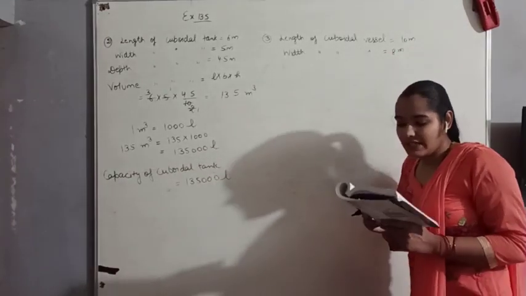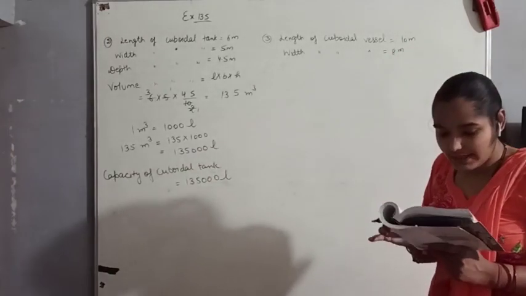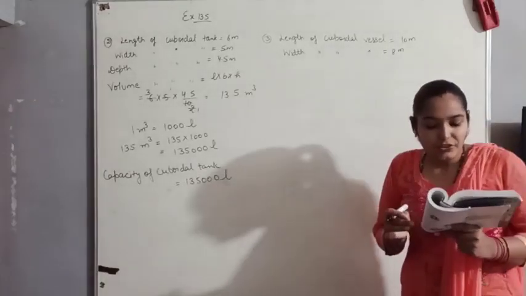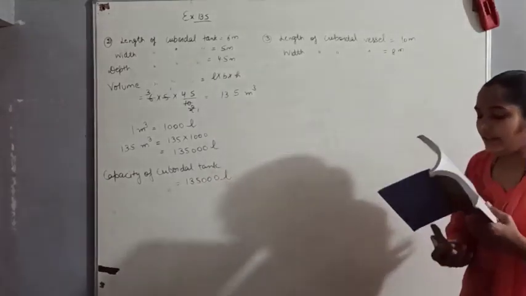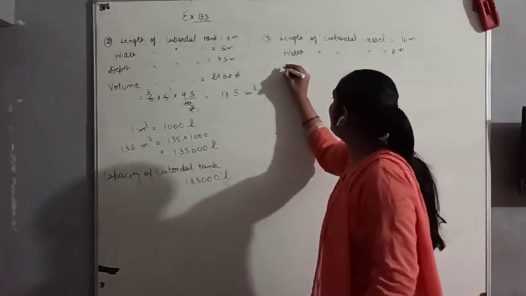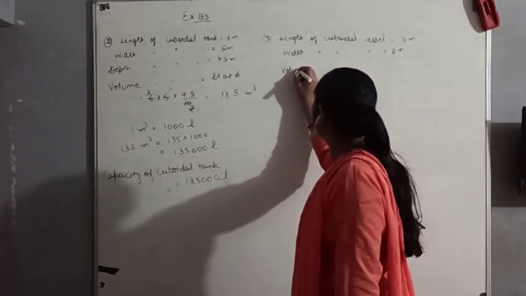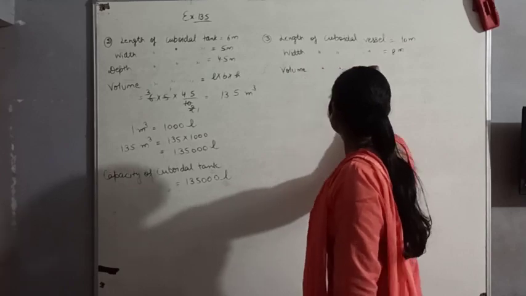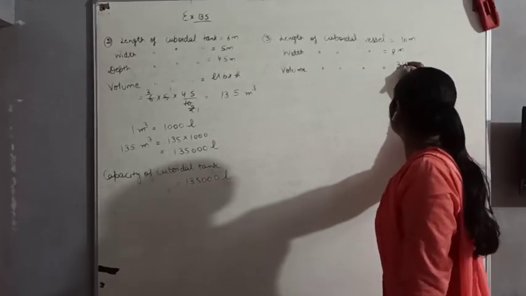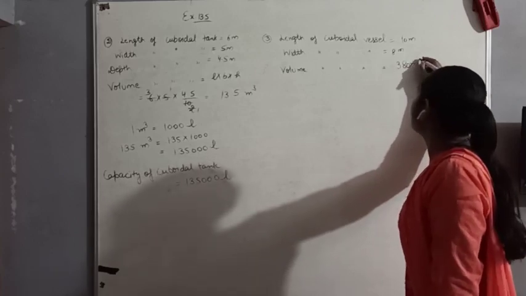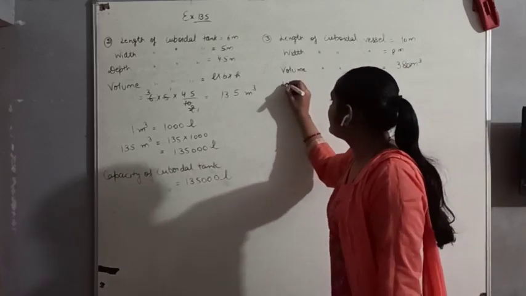How high must it be? You have to find out its height to hold 380 cubic meter of a liquid. आपको वॉल्यूम गिवन है, volume of cuboidal vessel is equal to 380 cubic meter. We have to find its height.